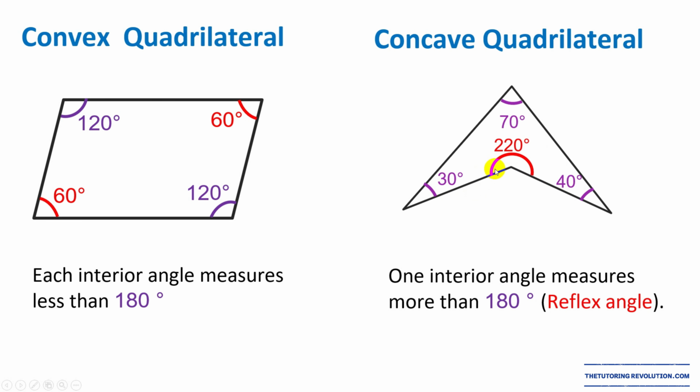That's the reflex angle. The word concave means curve inward. As we can see here in this quadrilateral, one of the sides seems to be pushed towards the inside. That's a characteristic of a concave quadrilateral.